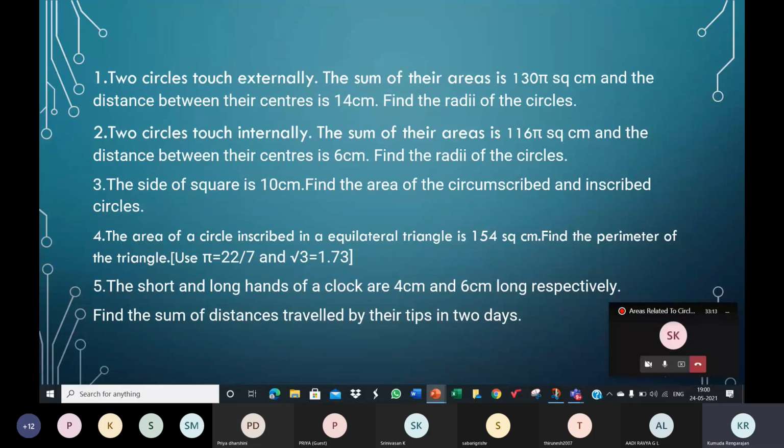Only 2 of them, Shivani, Srinivasan, then others. Correct, Reshmika? Correct.